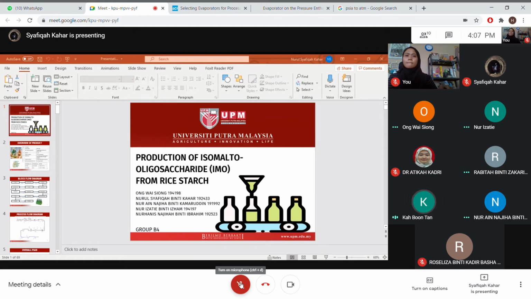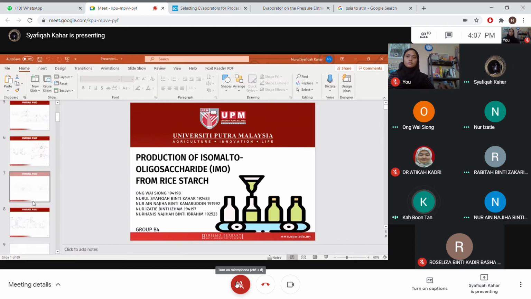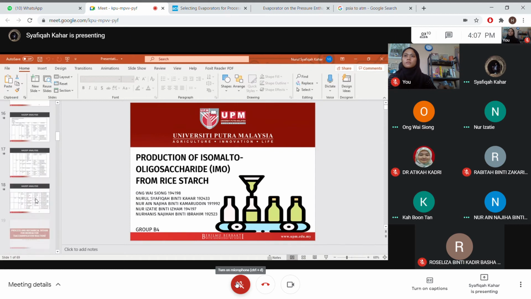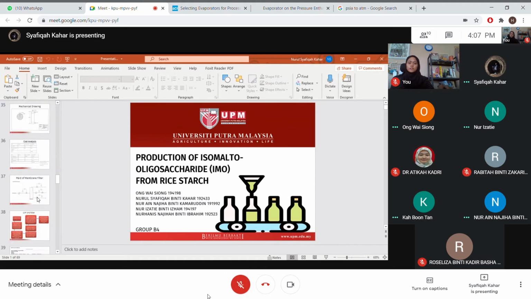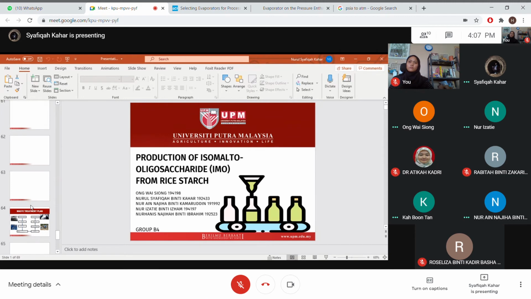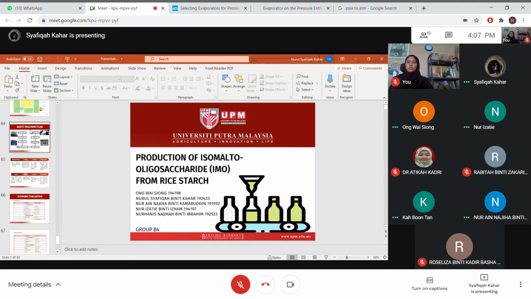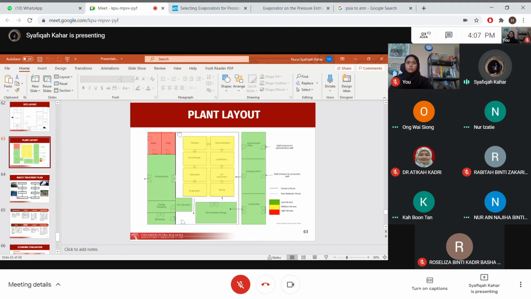Is it okay if you go to the plant layout? I think it's slide 62 and 63. When I glanced through this, I don't really understand, maybe you can brief me a bit.